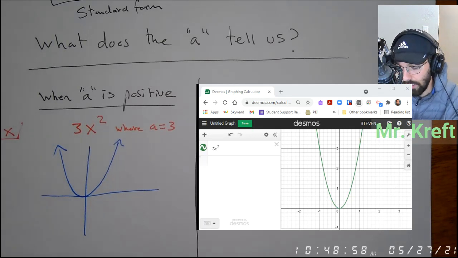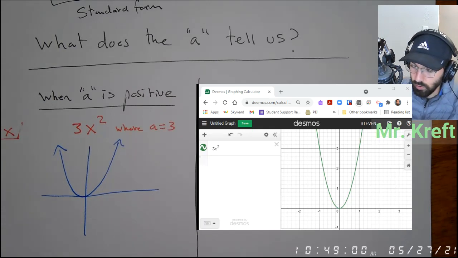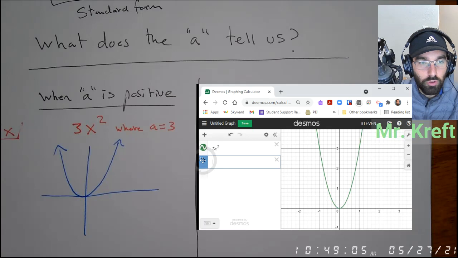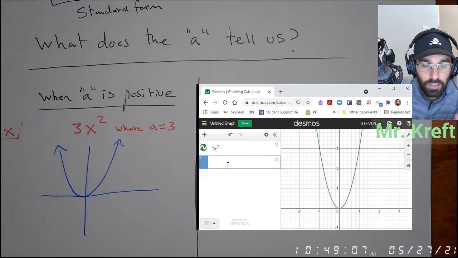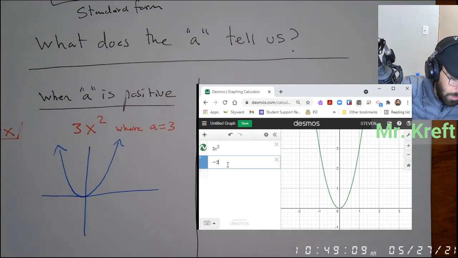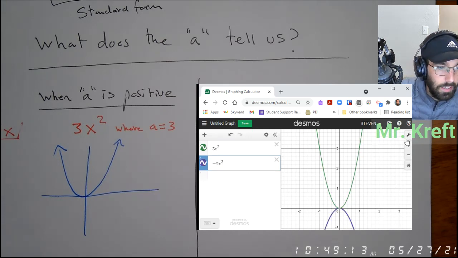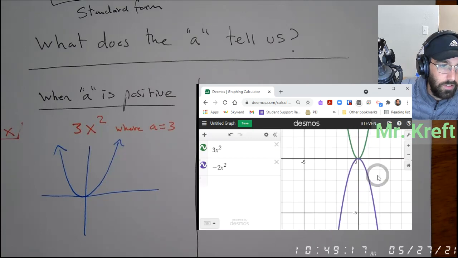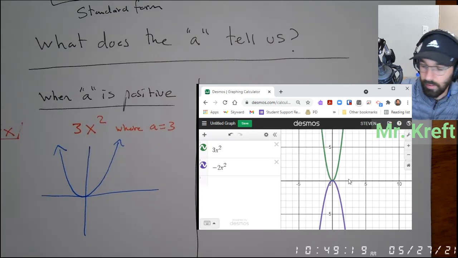All right, so the next thing we're going to do is compare this to negative 2x squared. To compare them, I'm just going to click on the 2. I'm not going to erase it, so I have both at the same time. And then I'm going to type negative 2x squared. And what I get here, and I'm going to make this nice and big, is this purple graph.